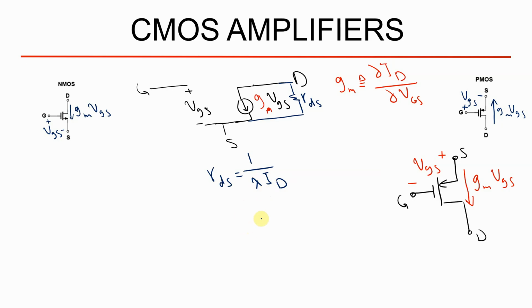Lambda is something like 0.1 volt to the power of -1, and it is different for NMOS and PMOS.